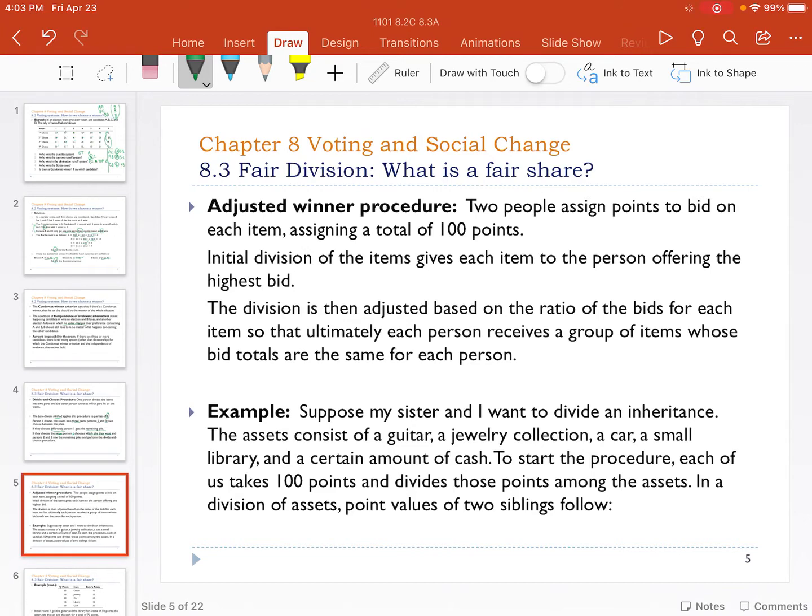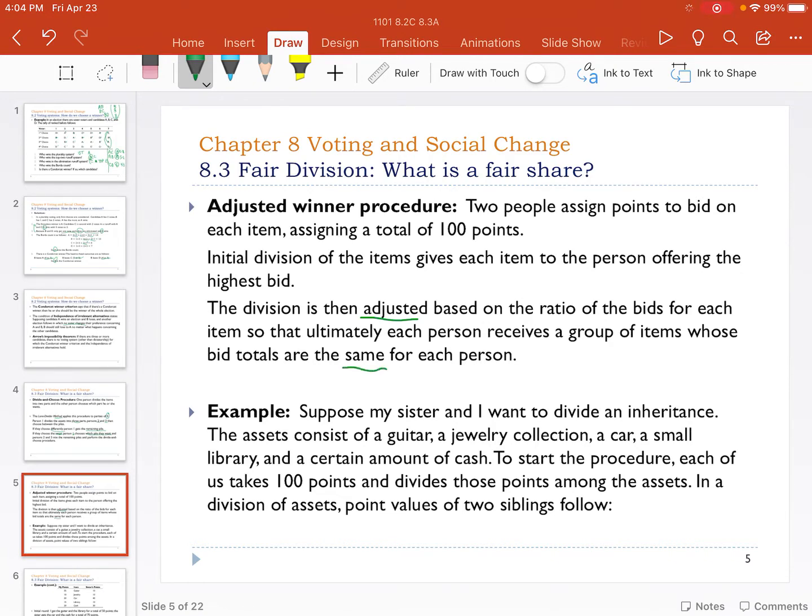We'll only give you examples with about 5 or fewer things to divide up. So initial division of the items gives each item to the person offering the highest bid. So it's like perhaps 5 separate bids. And if it works out to be roughly the same number of points, you may be already done. But we'll give you an example pretty quickly here. The division is then adjusted based on the ratio of the bids for each item.